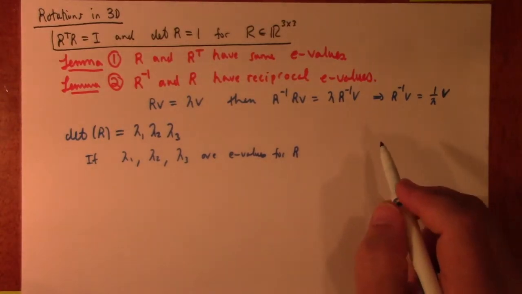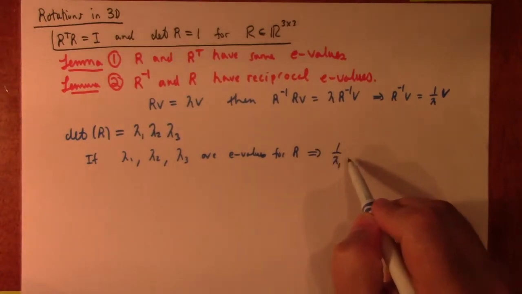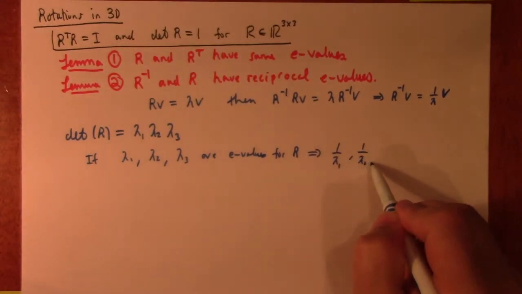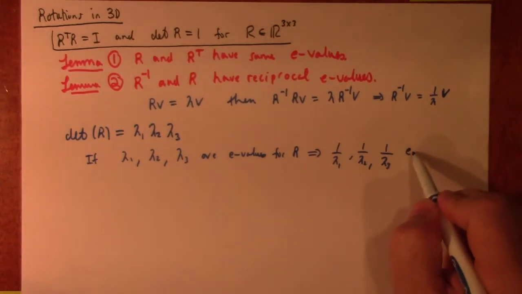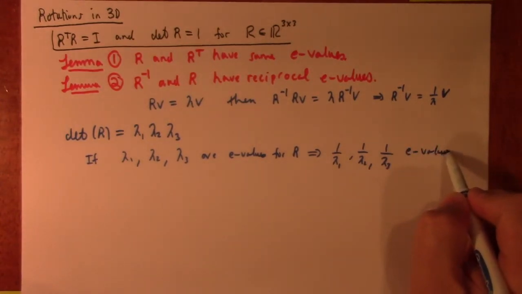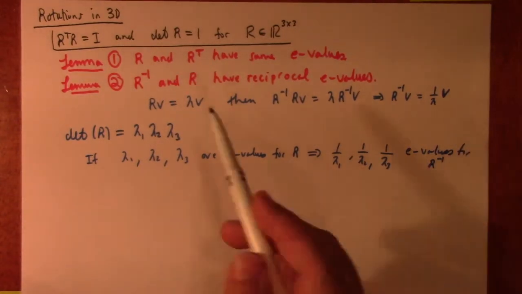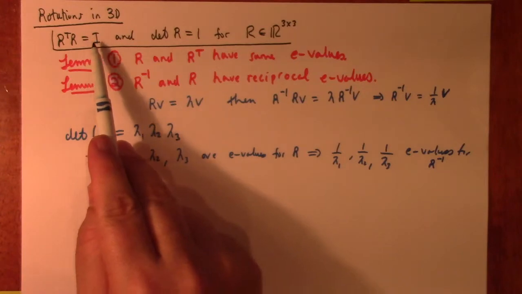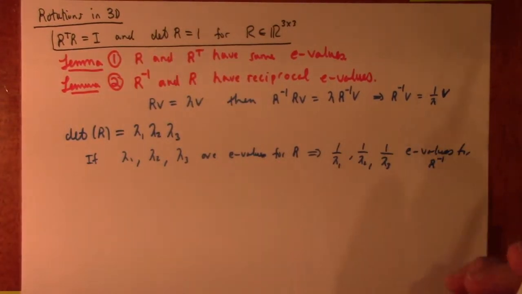Then that implies that 1 over lambda 1, 1 over lambda 2, 1 over lambda 3 are eigenvalues for R inverse. We know R inverse exists, by the way, because the determinant of R is 1, so it's non-zero, so it's invertible. Right, just saying.